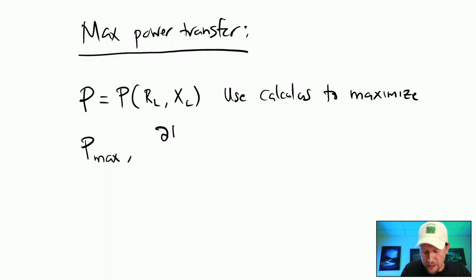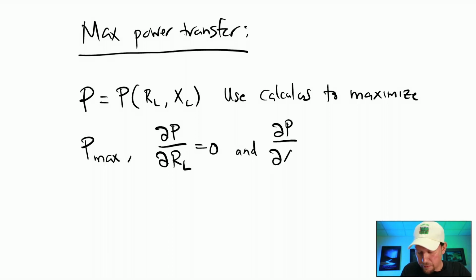The first was that the first derivative of the power with respect to the load resistance should be equal to 0. And there are going to be some conditions that come along based on that requirement. And that the partial derivative with respect to the load reactance should be equal to 0 as well.